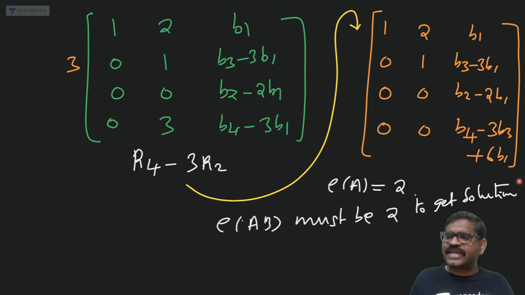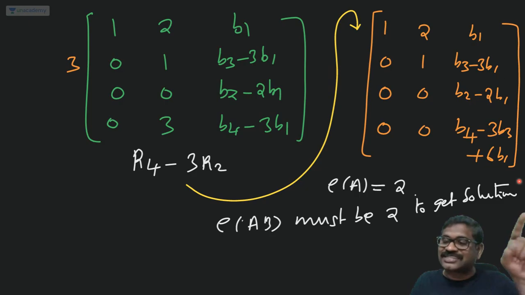Therefore, first read the problem, then understand, then apply. Rank of A is 2. Rank of AB must be 2 because he has mentioned that the system possesses a solution for the following conditions. That's why rank of AB must be equal to 2.